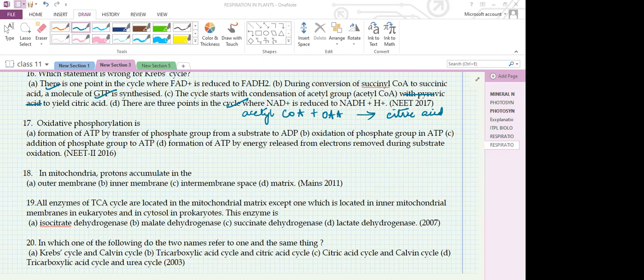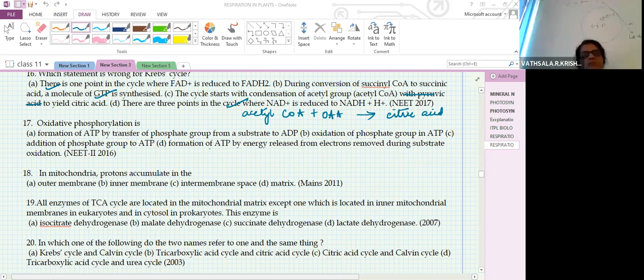What's the reason? Ma'am, because after the ETC, the electrons which are removed from NADH travel the ETC and at the end, they combine with oxygen to form water and energy. So this is an easy one.